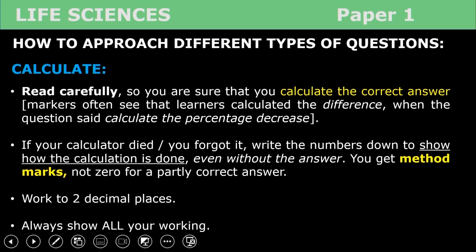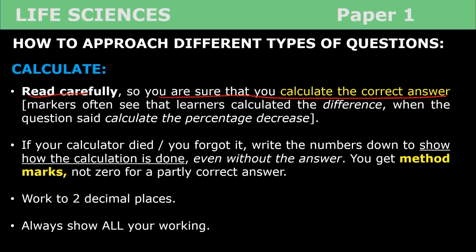Right. What about questions that ask us to calculate? So you read carefully so that you are sure that you calculate the correct answer. Markers often see that learners calculated the difference when the question said calculate the percentage decrease. If your calculator died or you forgot it, write the numbers down to show how the calculation is done.